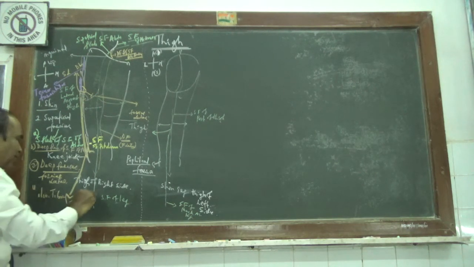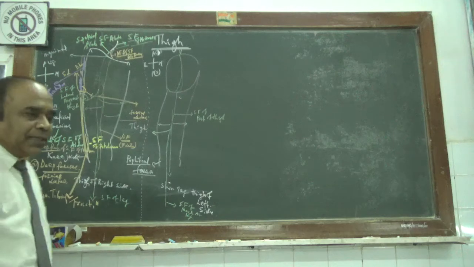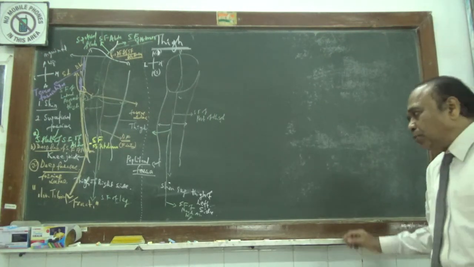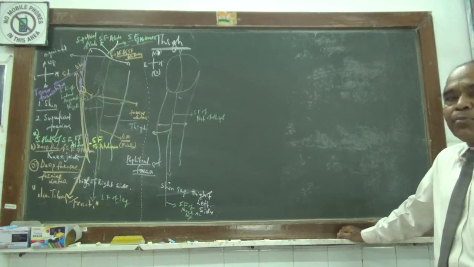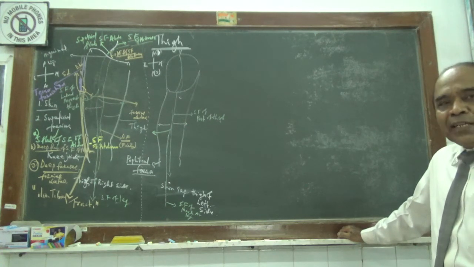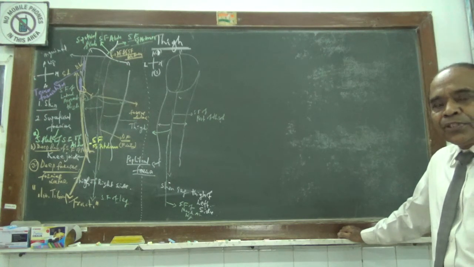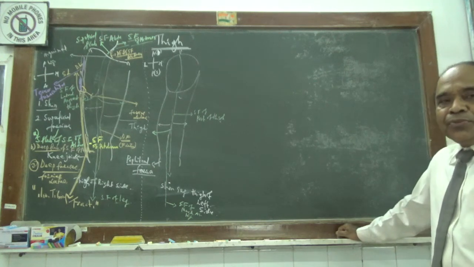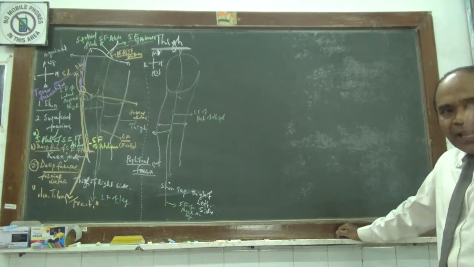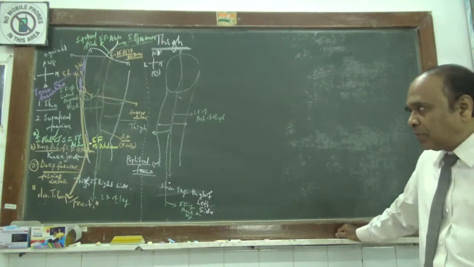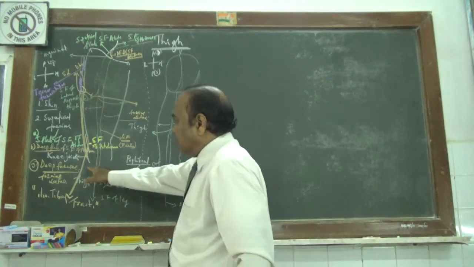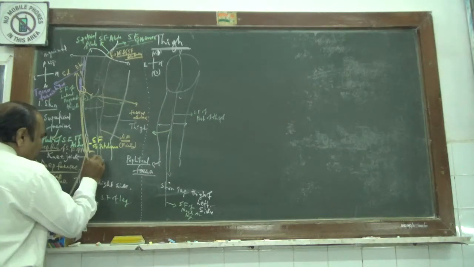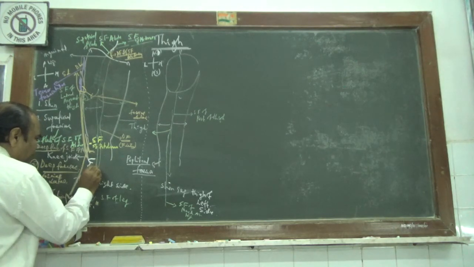So what is the iliotibial tract? The iliotibial tract is a band, one which extends from the bone ilium, in particular the outer lip of the iliac crest, up to the lateral condyle of the tibia.